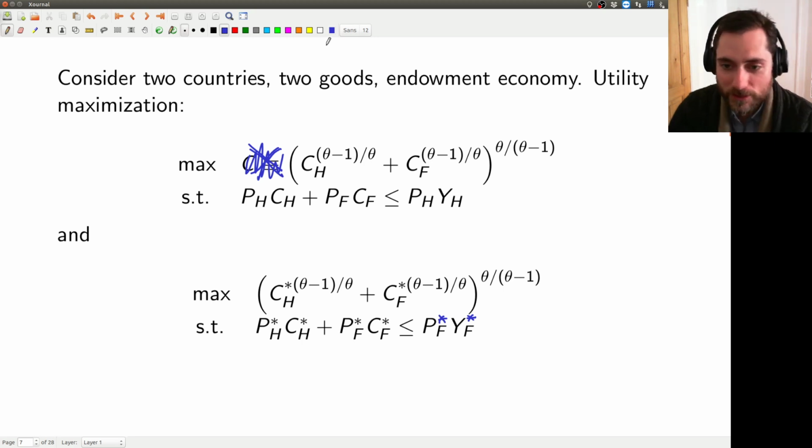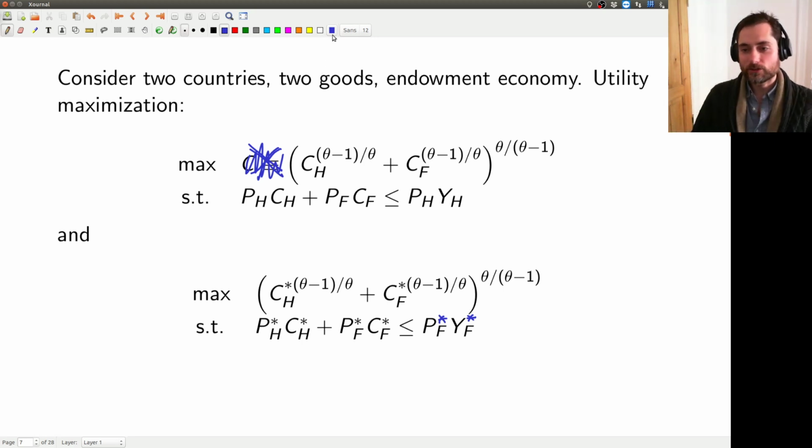As in the other models we looked at in class that had this CES structure, theta represents how closely these two goods are substitutes. For instance, if theta is close to infinity, it means that the home good and the foreign good are almost the same. So whichever one is cheaper, I'll basically only consume that one.